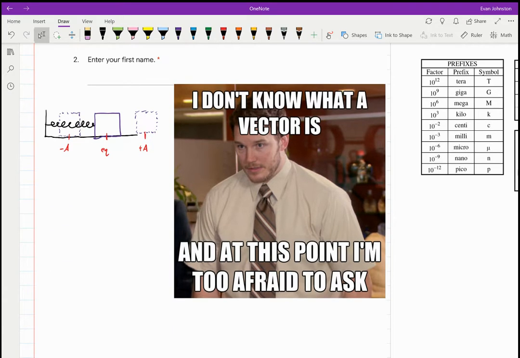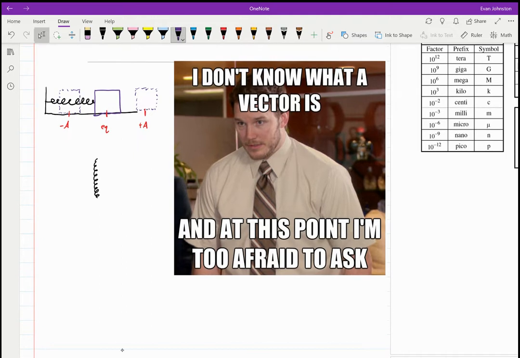Now way back last semester, we hung a little spring from a hook, and we said that maybe this was the relaxed length for the spring originally, if the spring is just alone, but maybe we hang some block from it. And if we're hanging a block from it, that means that the spring is going to stretch from its equilibrium point, and now the box is going to be here on it.